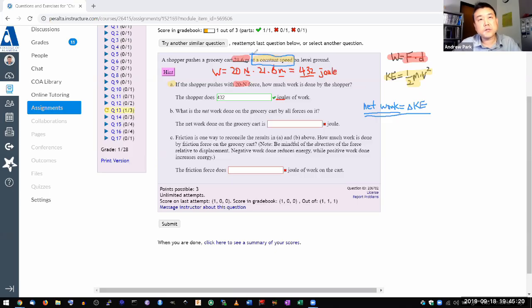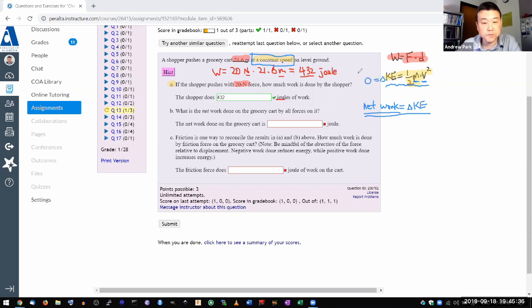Because if the cart is moving at a constant speed, then you know from the formula for kinetic energy, where v doesn't change, mass doesn't change, so change in kinetic energy will be zero.